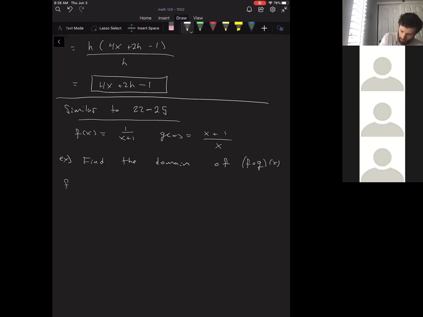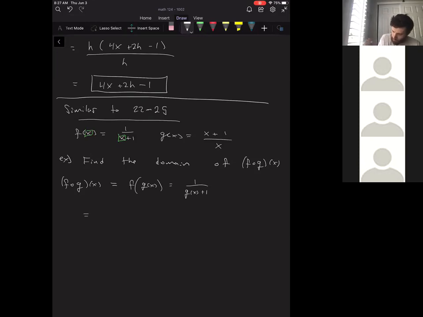So f composed with g of x, this just means we're plugging g inside of f. So we have f, and we're plugging g of x on the inside of it. So again, whatever goes inside of the parentheses, this x, all we do is we put it right here. So this is just going to equal 1, and we're replacing that box with g of x. So g of x plus 1.